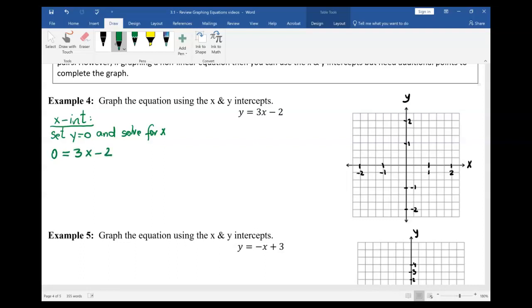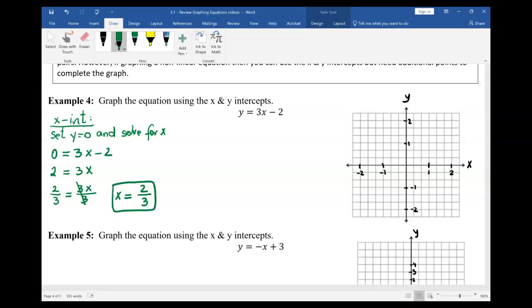You add the 2 on both sides. So now we get 2 equals 3x. Divide by 3 on both sides. We get 2 over 3 equals 3x over 3. Our x-intercept is x equals 2/3.